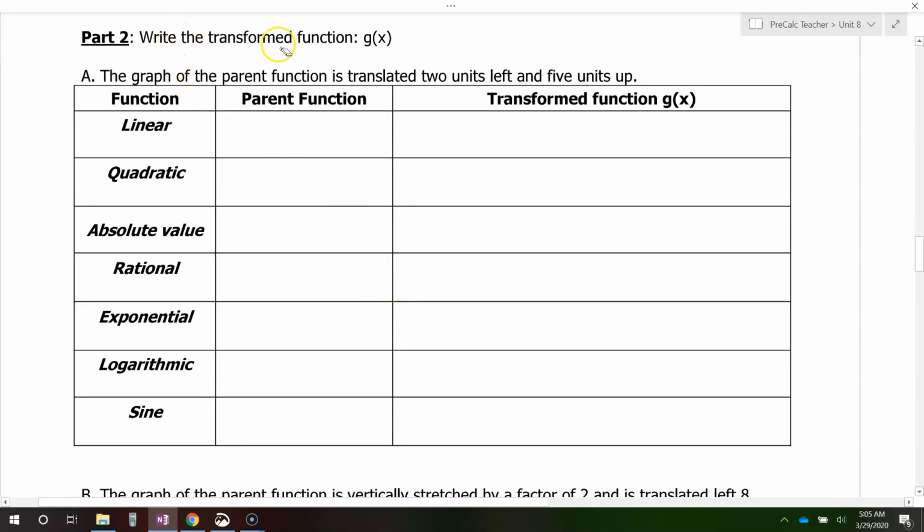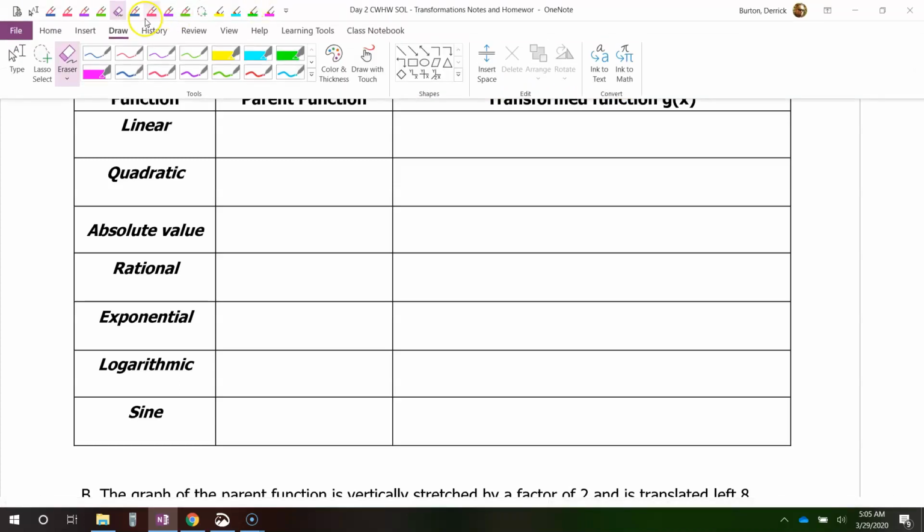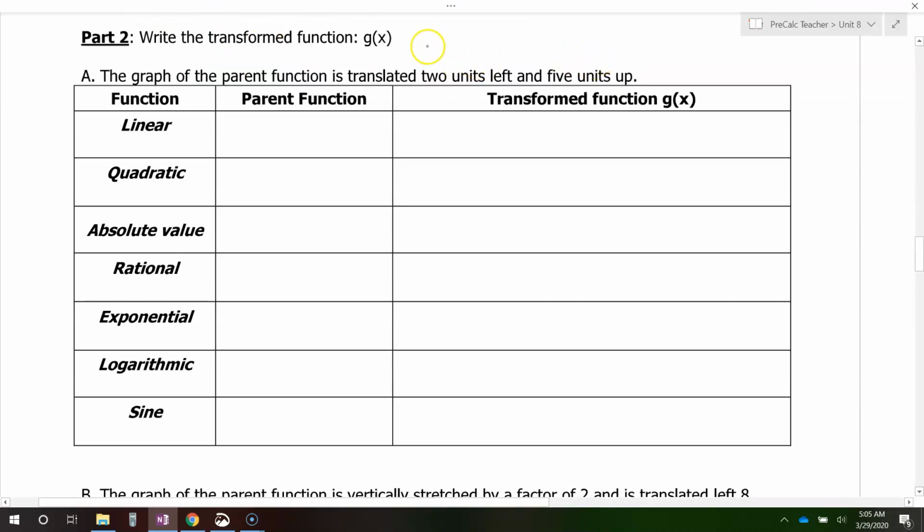Write the transformed function g of x. The graph of the parent function is translated 2 units to the left and 5 units up. So look, in general, let's just write the general model down. If the original function was f of x, then g of x has got to be 2 units to the left and 5 units up.